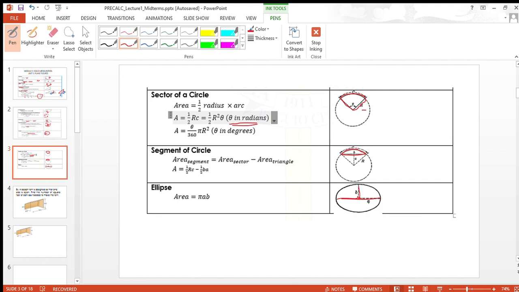This line here is called the minor axis. From the center to an end of the major axis, that's called A. And from the center to an end of the minor axis, that's called B. Anyway, we will elaborate more on this when we get to analytic geometry. So the area is given by pi AB.